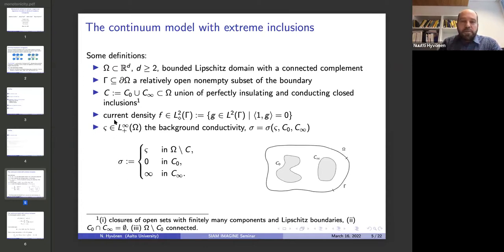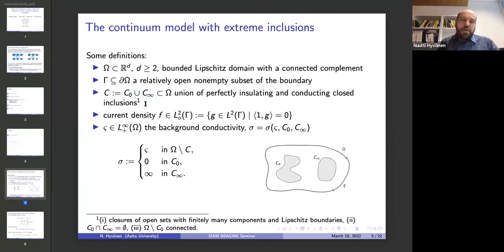To begin with, I assume that there are both insulating inhomogeneities inside the object and ideally conducting inhomogeneities. And this C denotes the union of those two, and whenever I have a subindex 0, that means that that region corresponds to an insulating inclusion, and infinity means an ideally conducting inclusion.